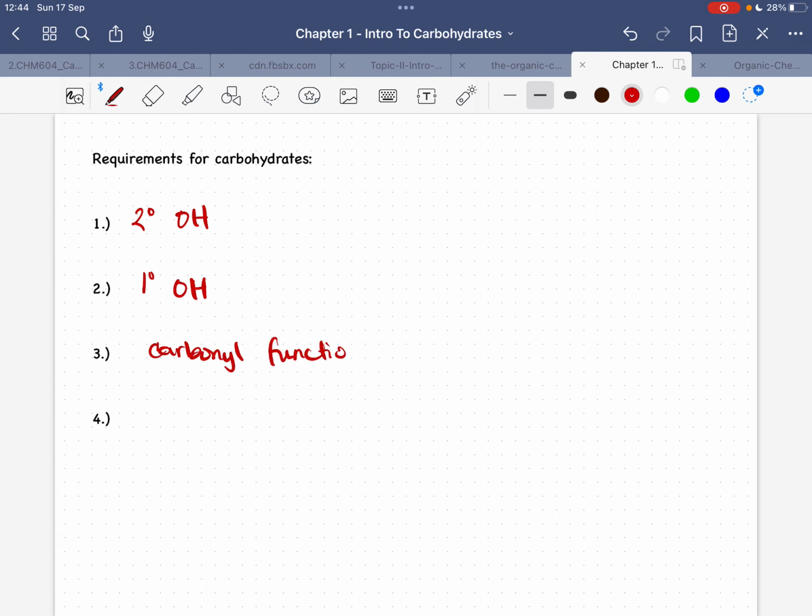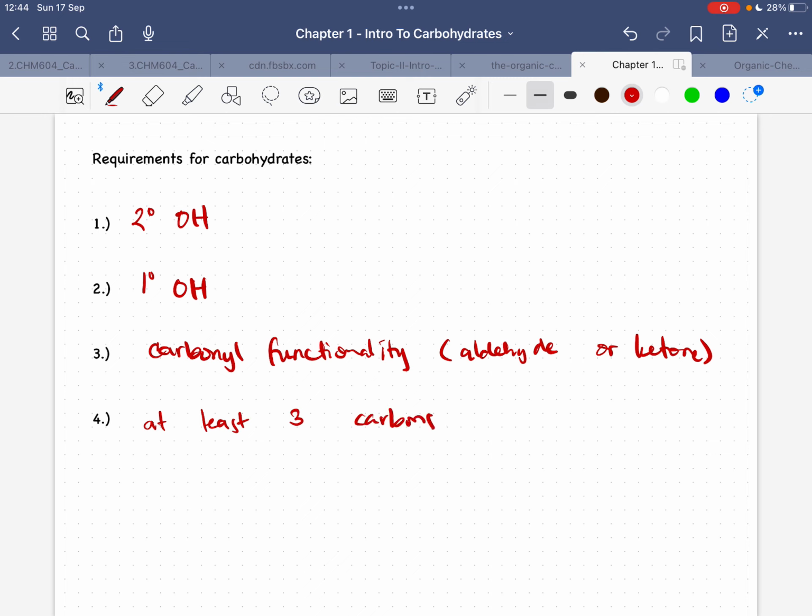functionality. Aldehyde or ketone. That is why aldose or ketose siya, because of the carbonyl functionality. So the fourth is dapat na siya at least 3 carbons.